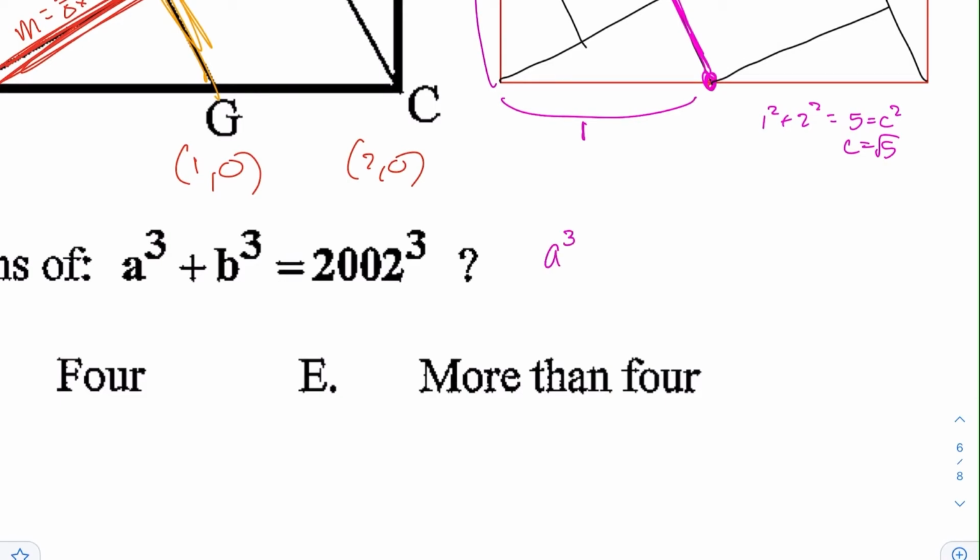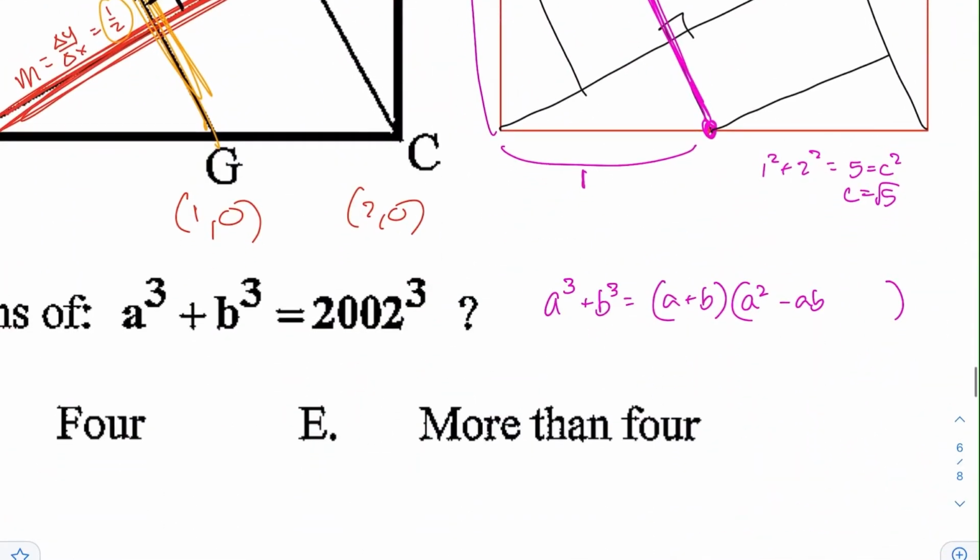a cubed plus b cubed can be factored as a plus b times a squared minus ab plus b squared, and a cubed minus b cubed is equal to a minus b times a squared plus ab plus b squared.